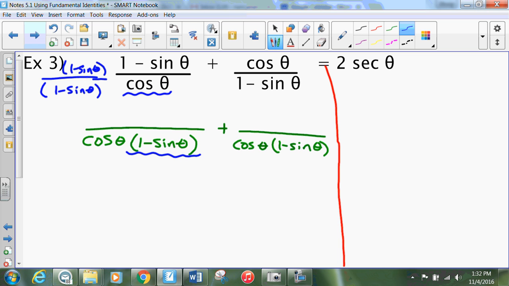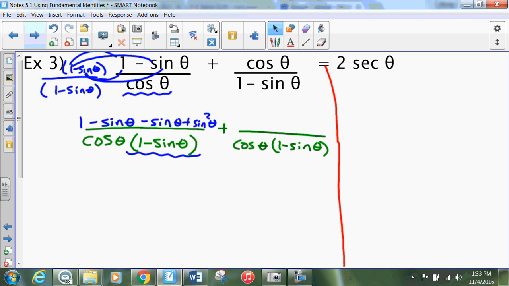So here we go, let's multiply. 1 times 1 is 1. 1 times negative sine theta is negative sine theta. Negative sine theta times 1 is negative sine theta. And negative sine theta times negative sine theta is a positive sine squared theta. I just squished it on.